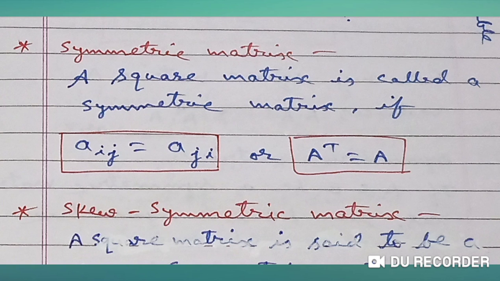What is the method of finding the transpose? We just interchange the rows into columns, and we get another matrix in which the first row of A will be the first column, the second row will be the second column, the third row will be the third column.